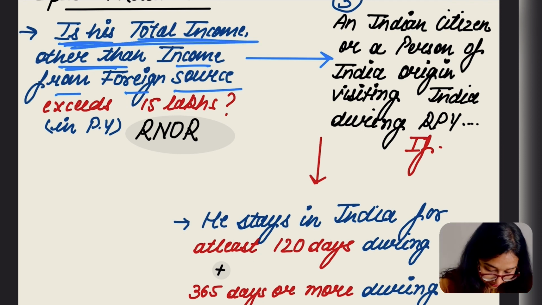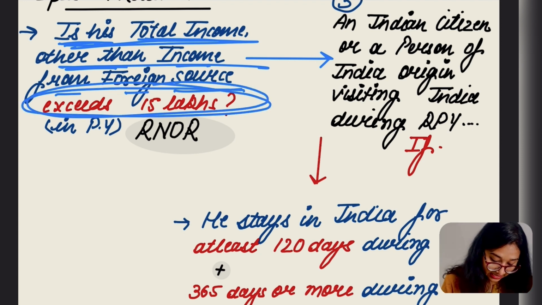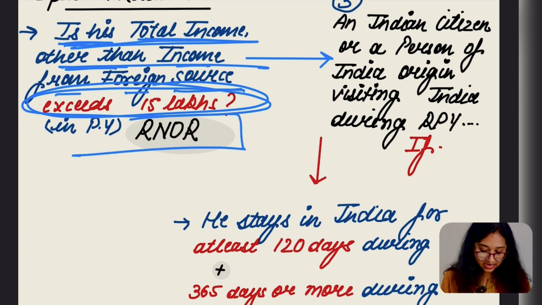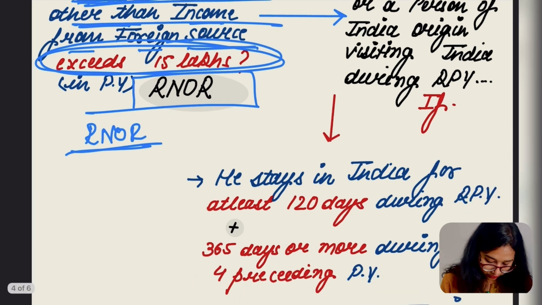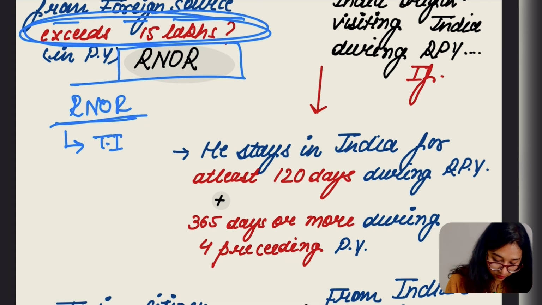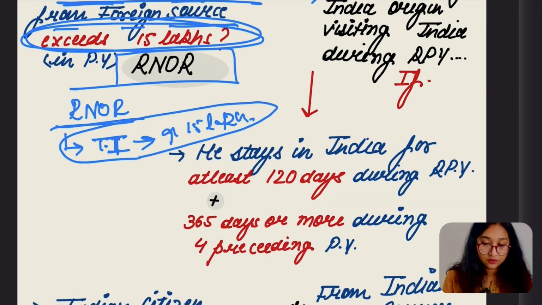If his total income from India is more than 15 lakh in the previous year, then he would be RNOR. For RNOR, the resident should have total income of more than 15 lakh. Is this part clear?